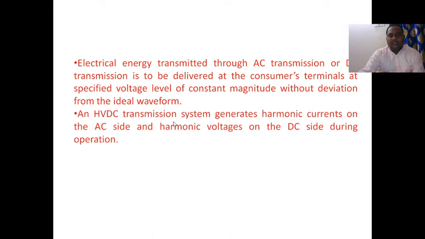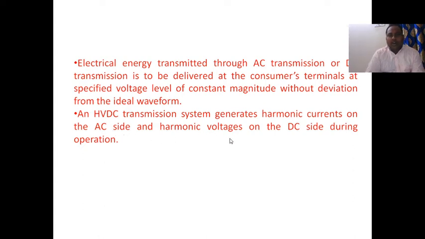An HVDC transmission system generates harmonic currents on the AC side and harmonic voltages on the DC side during operation. This is a very important point. The harmonic currents are on the AC side, and the harmonic voltages are on the DC side.